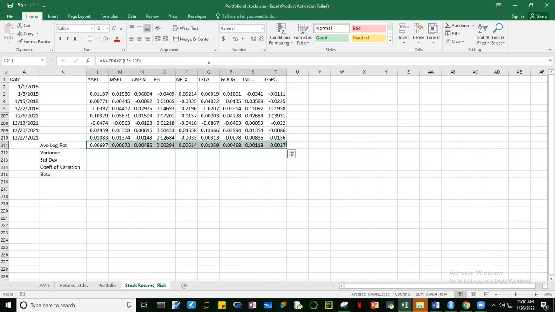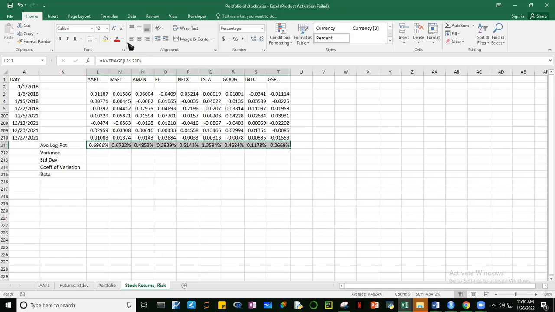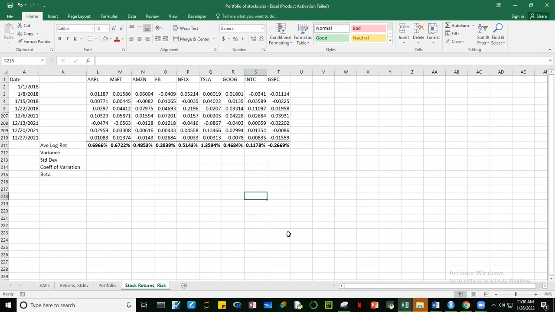And by the way, let's make this percentage. All right. So we have computed for the average returns of the stocks for this 4-year period from January 1, 2018 to December 31, 2021.